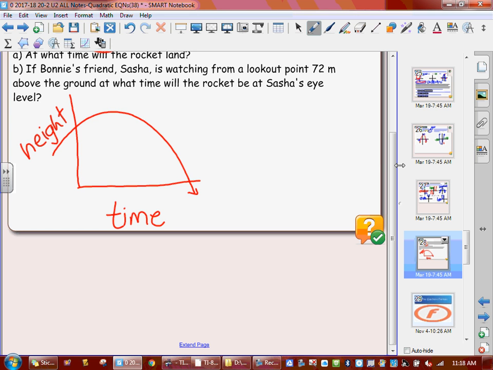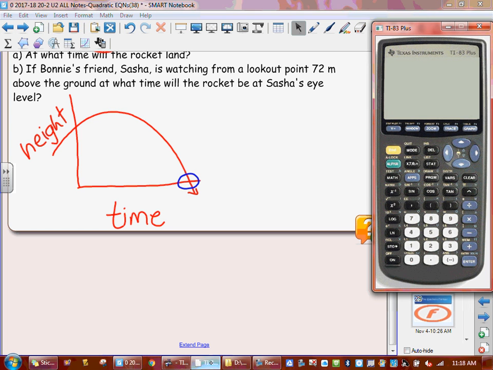In problem solving, we never find the negative one. We know there's a negative one way over there, but for problem solving, we don't use that one. We only use the positive one. That just reduces the amount of work we have to do. We like that. So let's go back to our y equals and clear out what's in there. Now we're going to type in negative 4.9x squared.